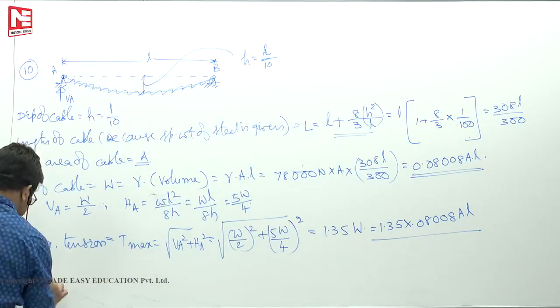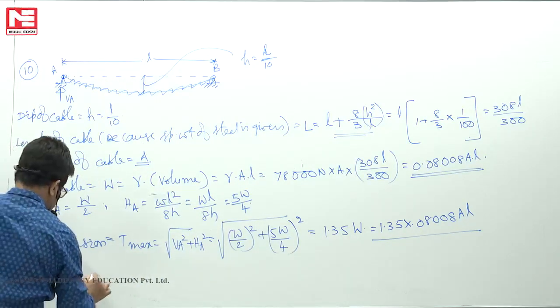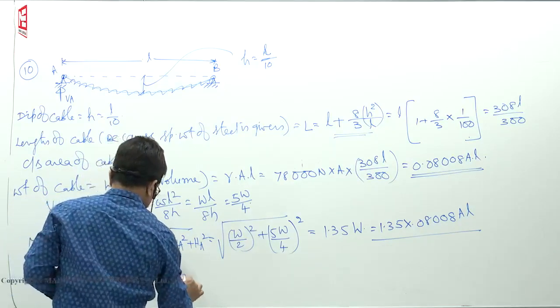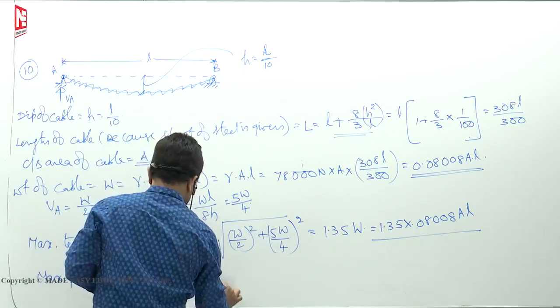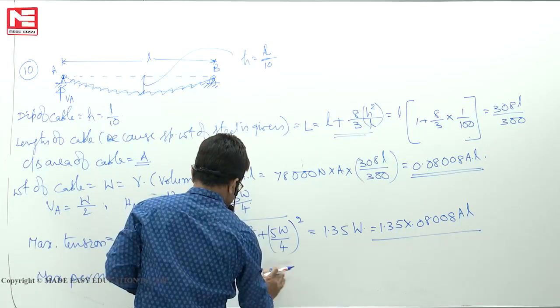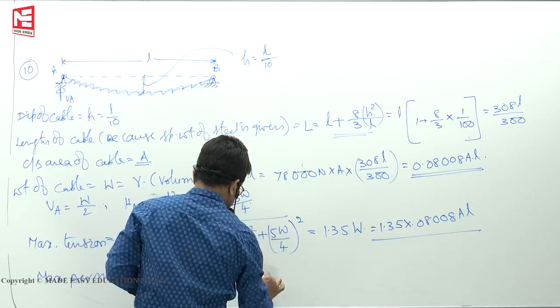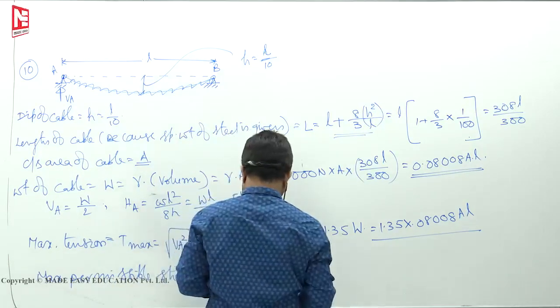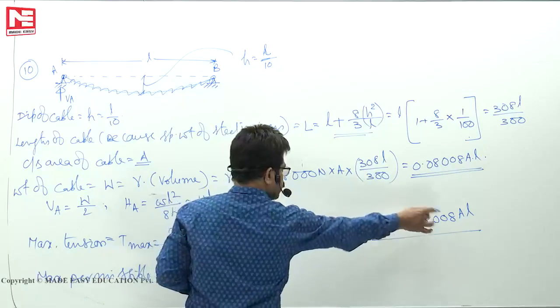Now maximum stress. He has given the maximum permissible stress. F max is nothing but maximum tensile stress divided by area of the cross section. So A cancels out.